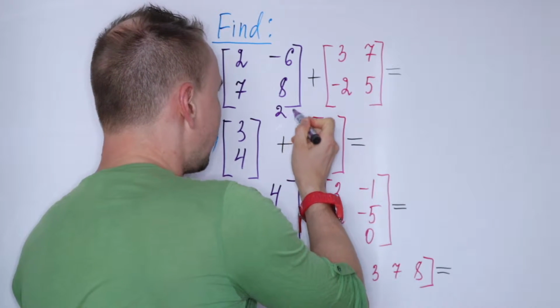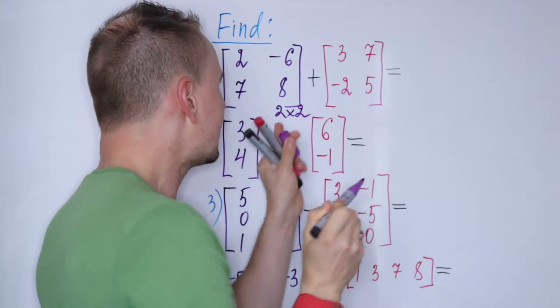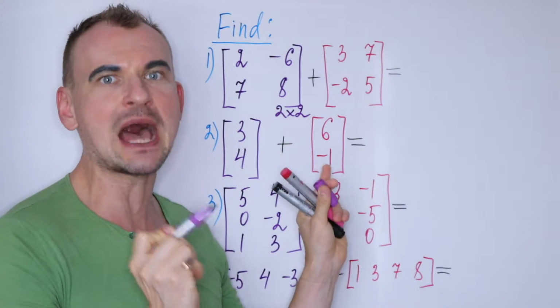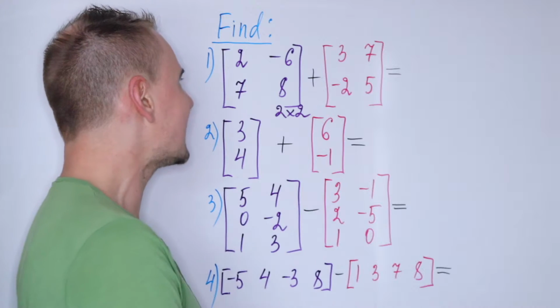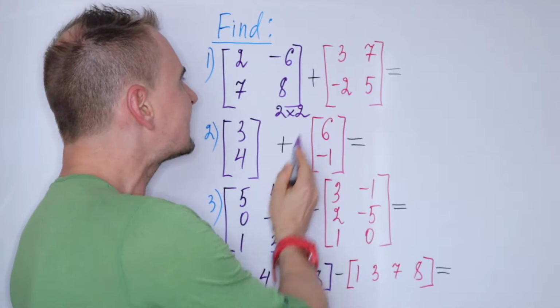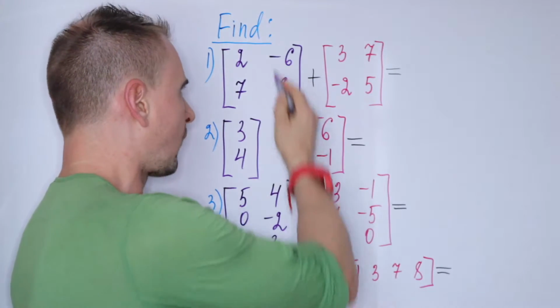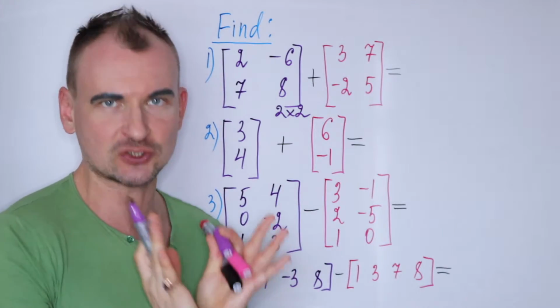So again, the first number defines the number of rows, and there are 2 rows in this matrix, and the second number defines the number of columns, and there are exactly 2 columns.